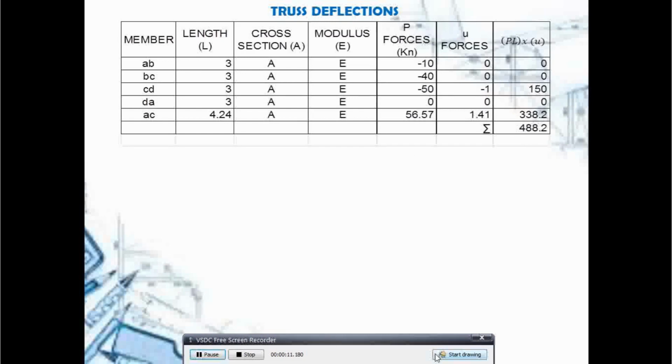Then, sa equation kanina, hence, the horizontal deflection is equal to this equation. Nakuha na natin itong PL times U. Itong PL times U na ito, that is the 488.2. Now, meron tayong value ni A, meron tayong value ni E. We have to substitute that.